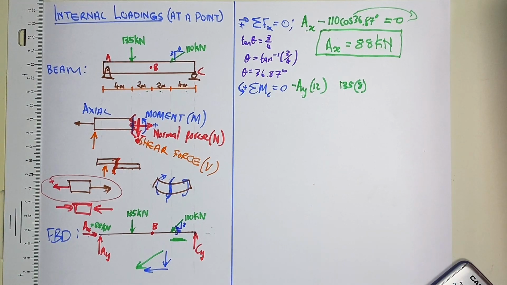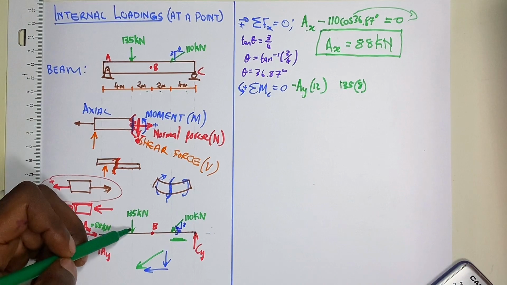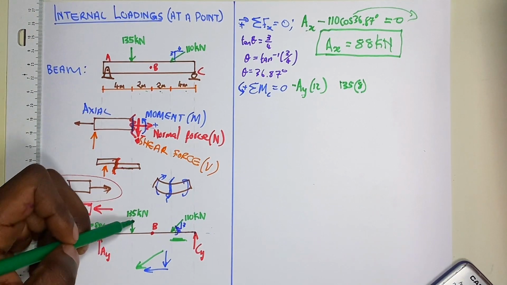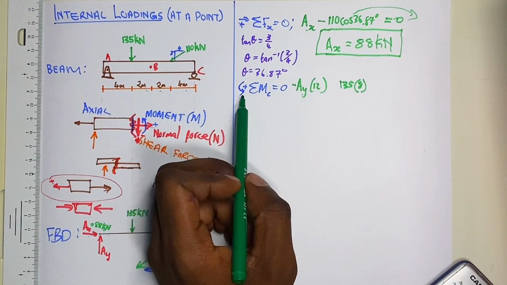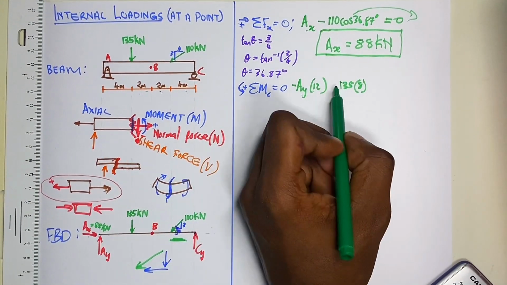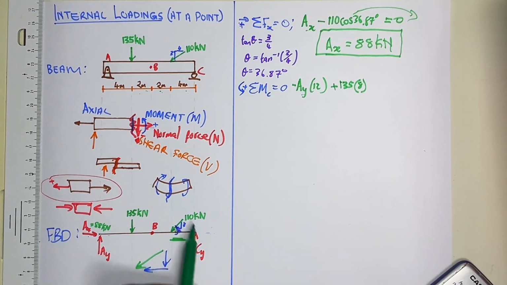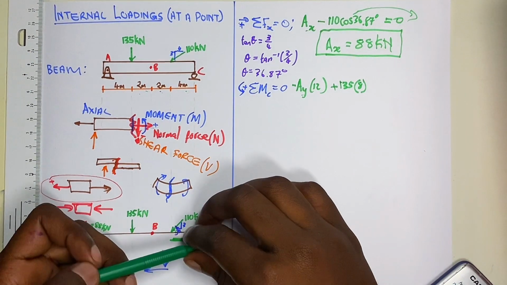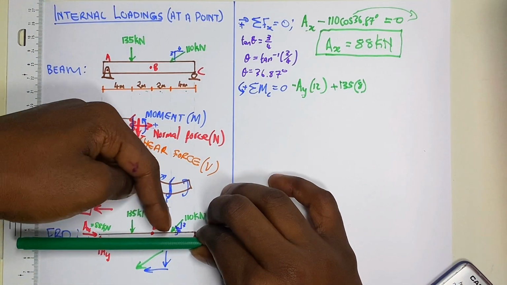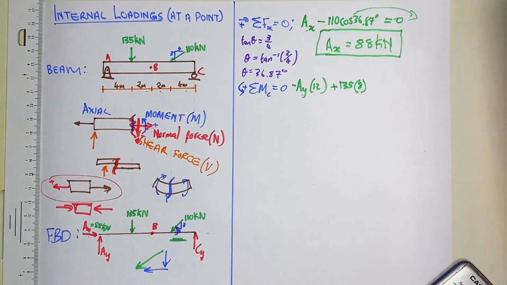Now, another thing is the sign that we're going to put here. Because it is causing a rotation or bending in the anti-clockwise direction, and we decided that anti-clockwise is positive, we will put positive there. Is there another force? The 110. Now the 110 is also causing a rotation in the anti-clockwise direction.